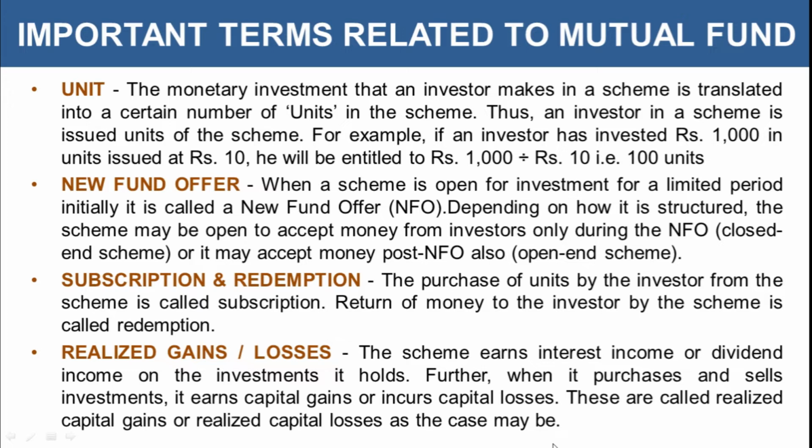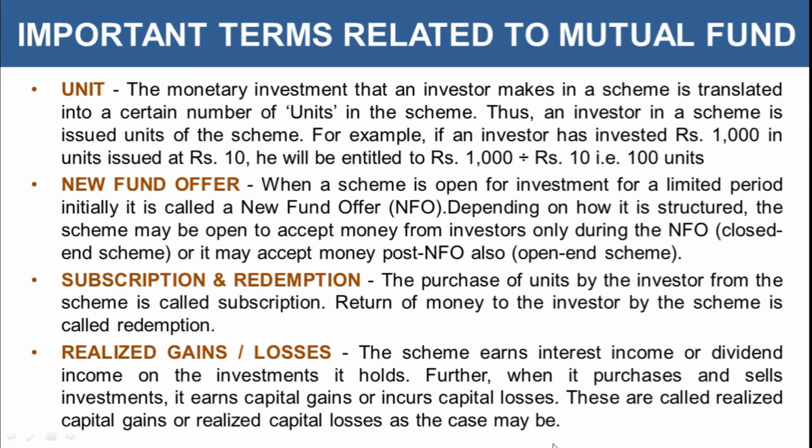For example, you invested in a particular mutual fund scheme and after a certain period of time you sold that scheme. Maybe at that point of time the scheme was not performing well and the value of your investment went down. As we discussed, mutual funds are subject to risk.